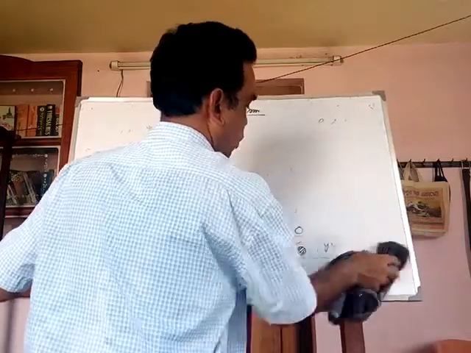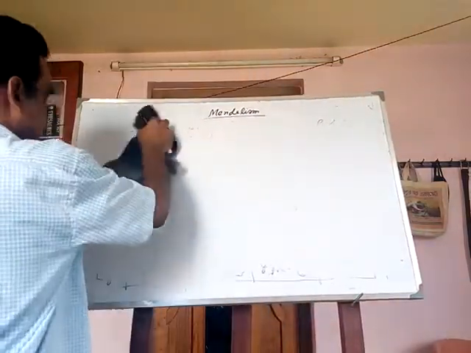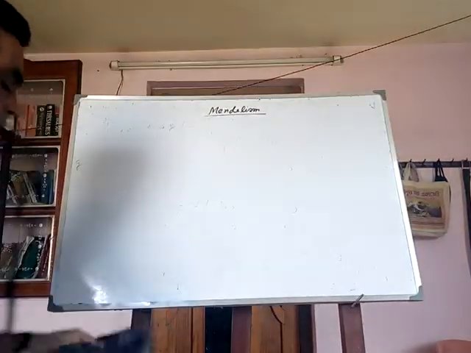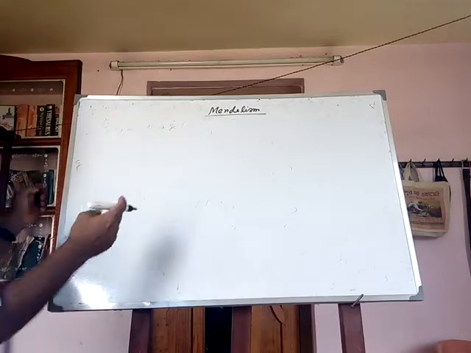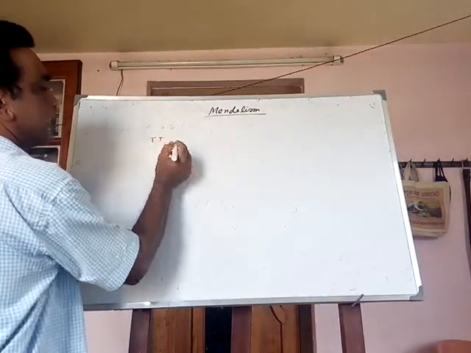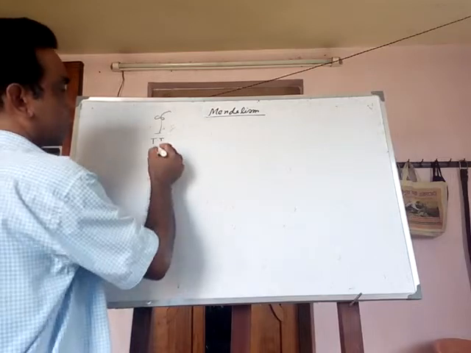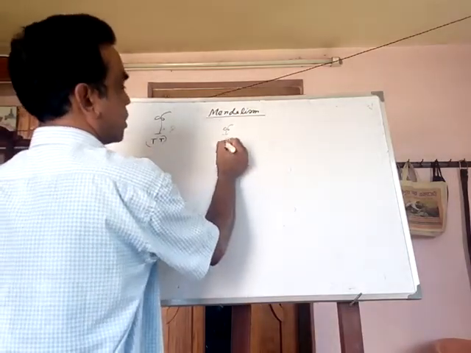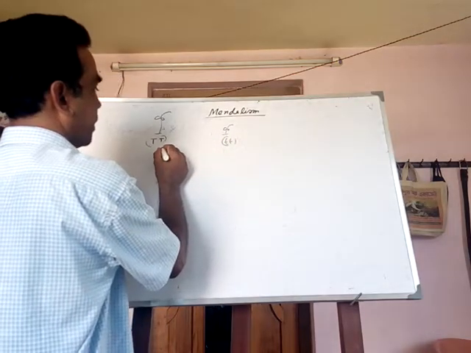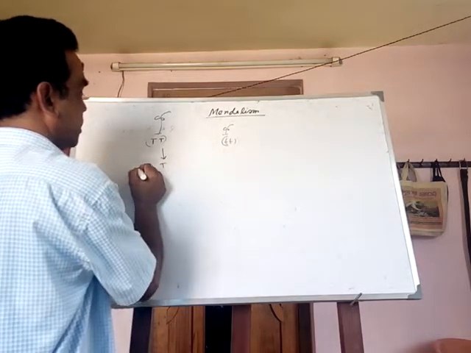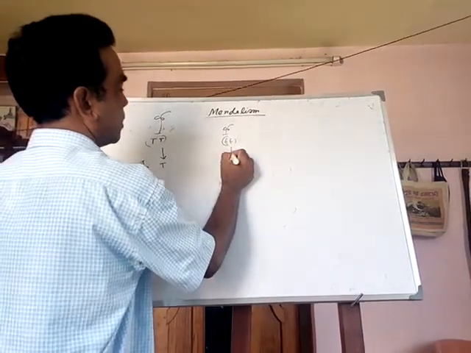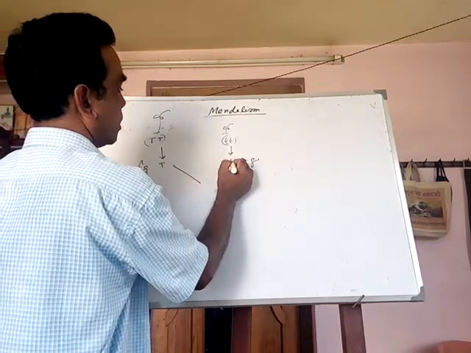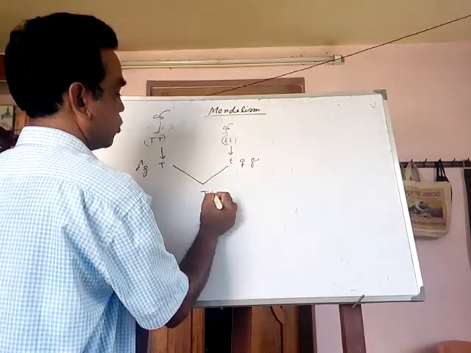Now we learn about the back cross and test cross. It is the tall pure plant, it is the short pure plant. Gametes produce.